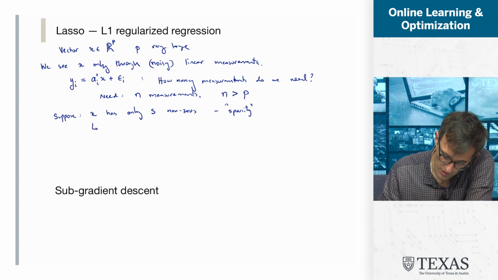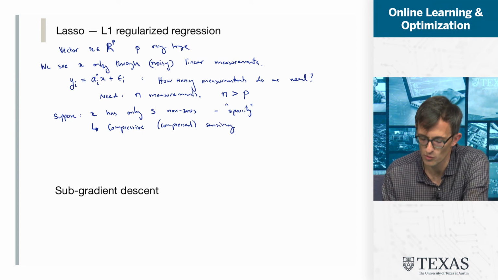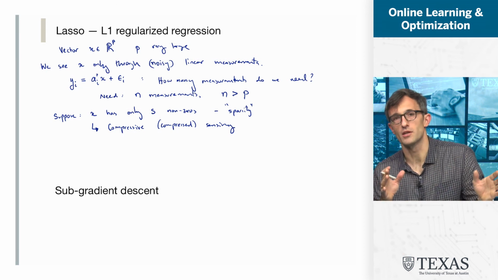But if you want to read more about it, you should read about compressive, or sometimes compressed, sensing, or sparse regression. There's quite a huge literature. But here we're interested in just purely the optimization story.